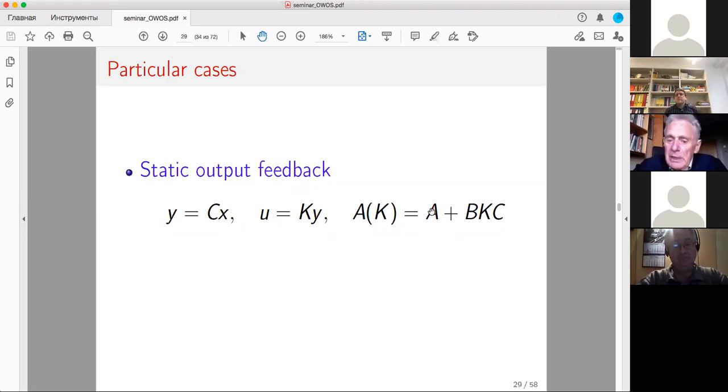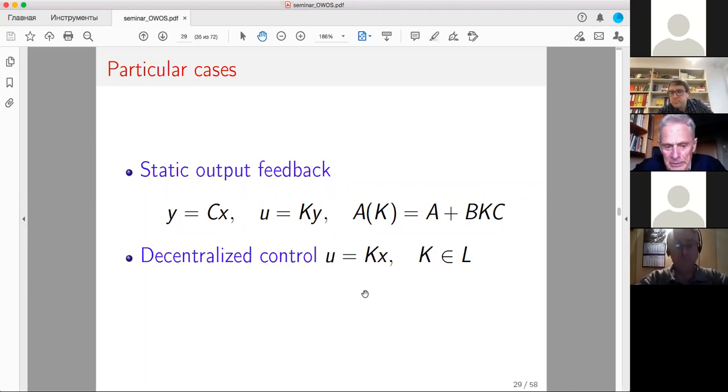Then we have to deal with closed loop matrices of this form. And actually, this problem is a particular case of what was written above.